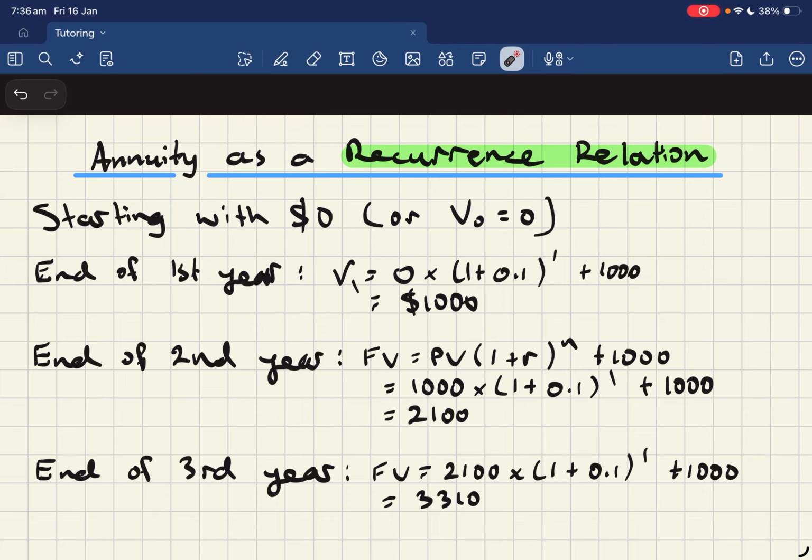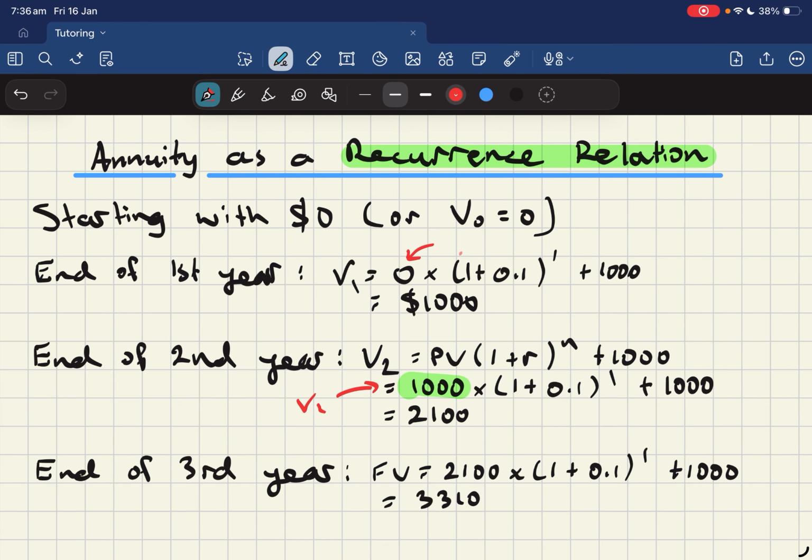Once we had this amount, our V1, at the end of your next year, your value at the end of the second year, let's call it V2, equals this thing over here. Now, this guy here is V1, in the same way that 0 here was V0.